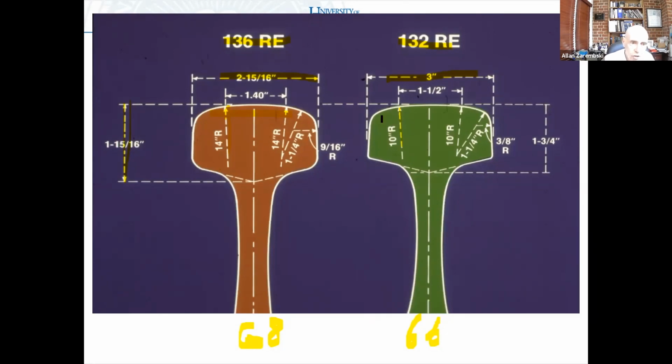So there was a lot of sophistication that also went into some of the section designs. And the newest rail section that I'm aware of that's been developed anywhere in the world is the 141 RE rail section, which is actually relatively new. It's only been developed in the last 10, 15 years. And it was developed as a heavy rail section to give the longest life of the rail in service.